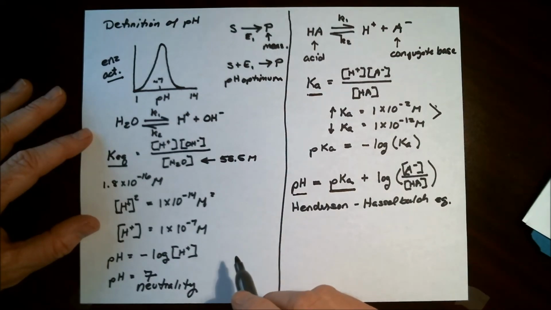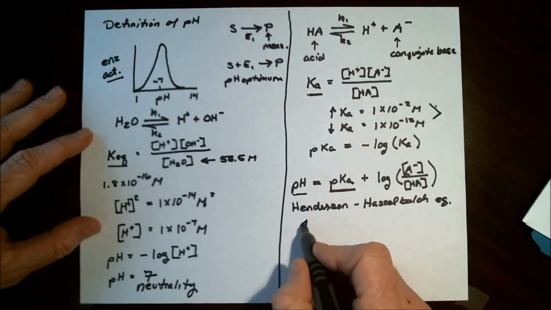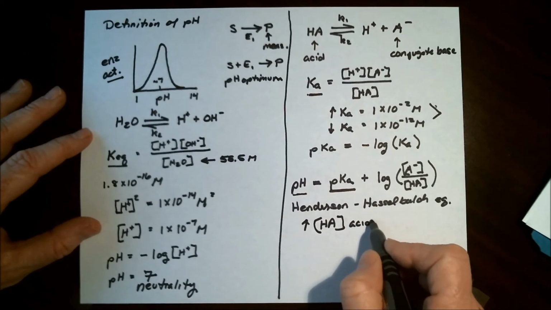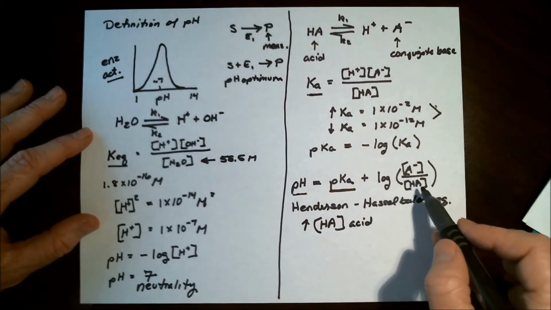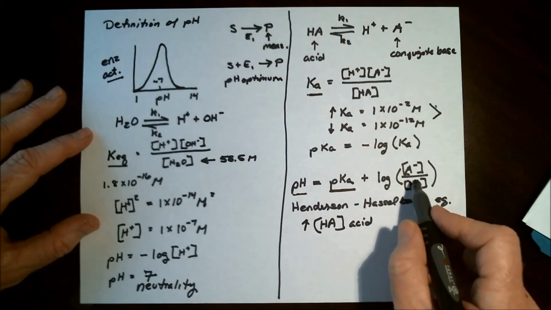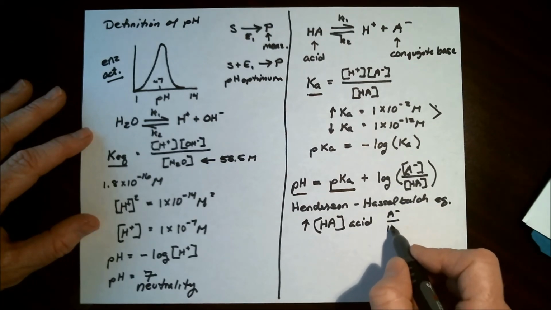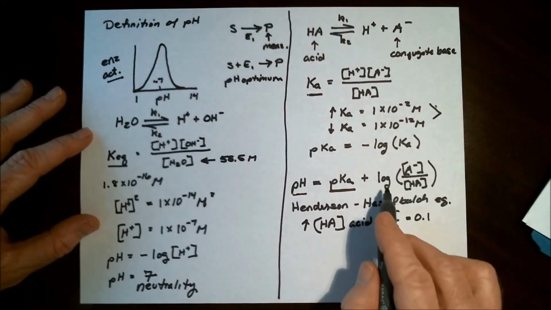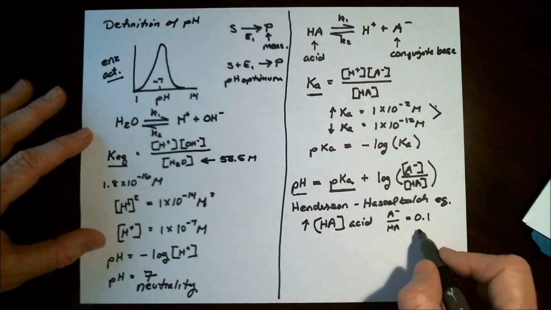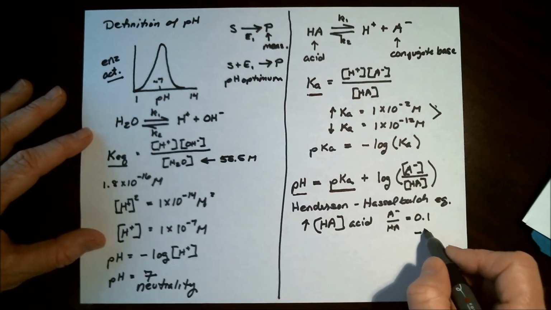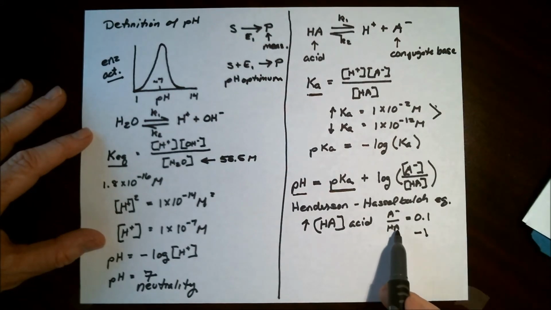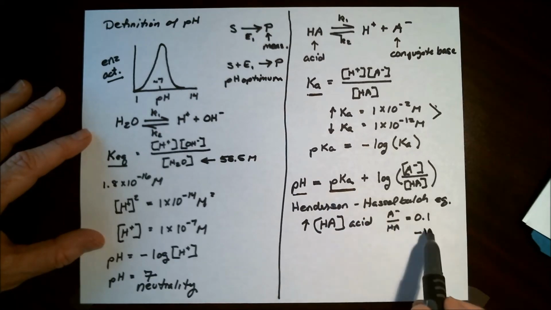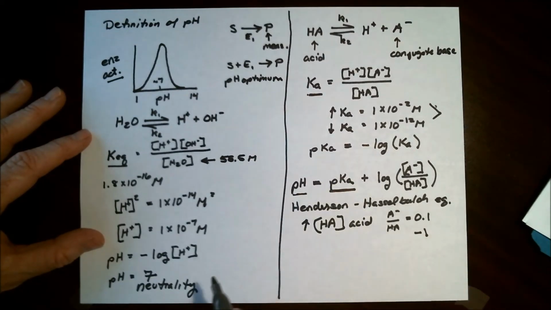So for example, if we dump in a large amount of HA, which is the acid, that would give us, let's say for example, a ratio of 0.1. The log of 0.1 equals -1. So if we take a lot of acid, put it into the solution, we are going to be below the pKa. So it would be the pKa minus 1, giving us the pH.